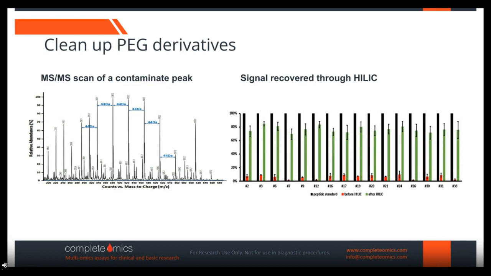We found that there is a significant amount of PEG derivatives present in our immunoprecipitated samples, showing those signature peaks. We tried a variety of different methods, and found that using a Helix ST-based cartridge gave us the best cleanup efficiency, keeping the peptides but removing all the polymers.